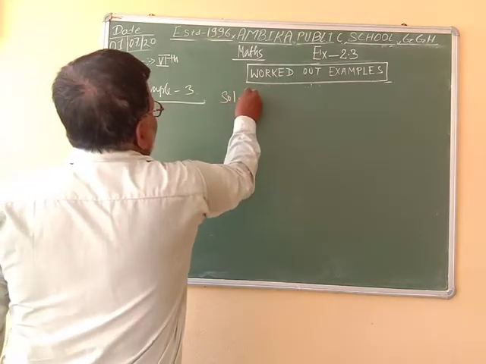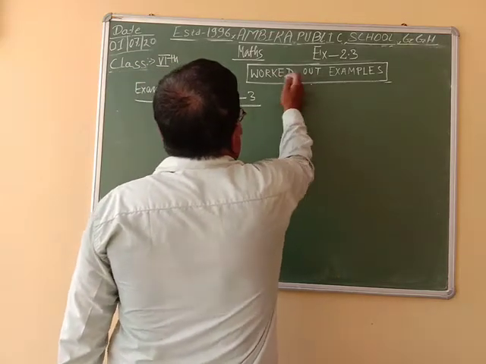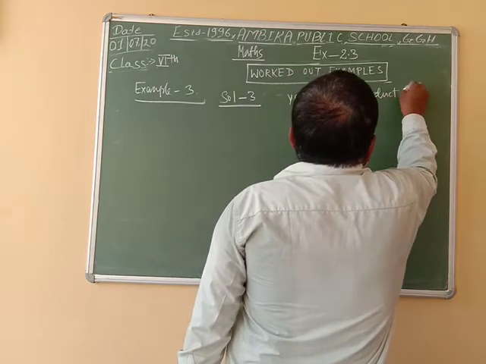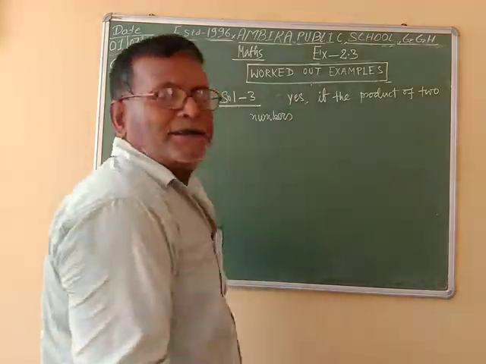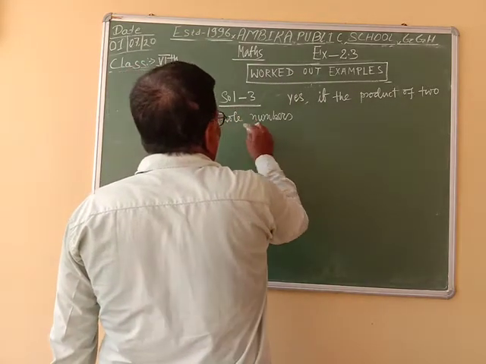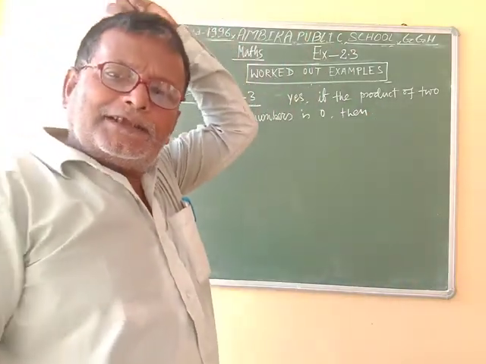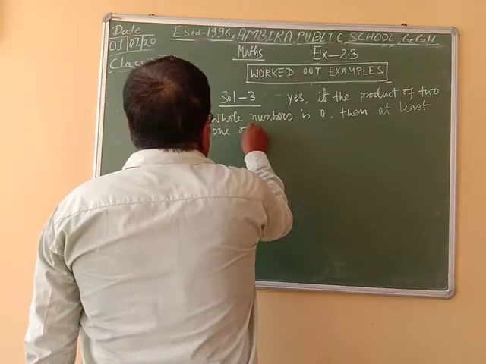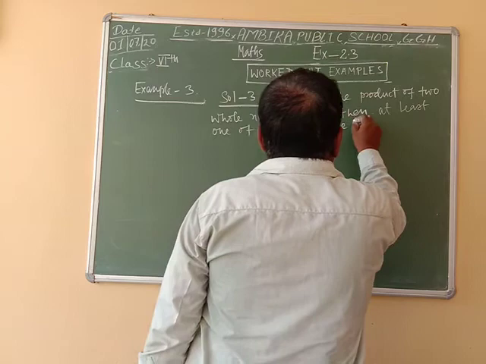Example 3. If the product of two whole numbers is 0, then at least one of them must be 0.